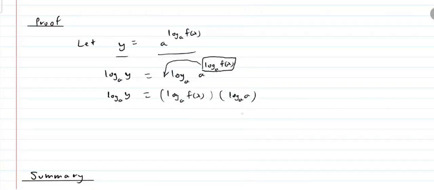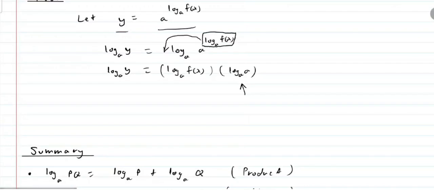All right, now what is log base A of A? We said that log base A of A was 1. Right, so I'm going to have log base A of y is equal to log base A of f of x.